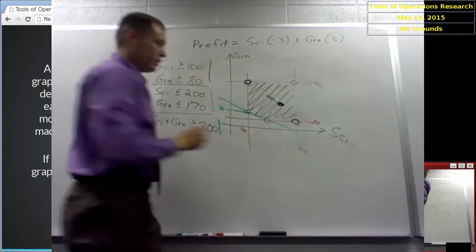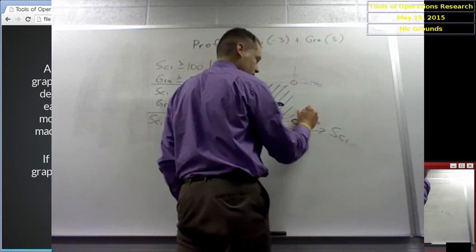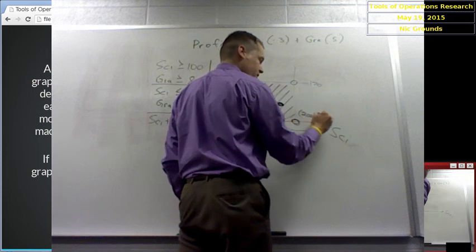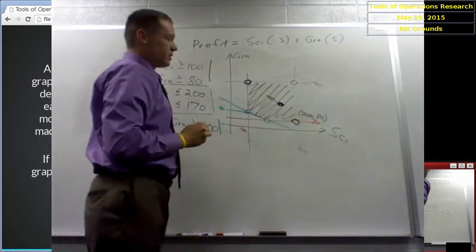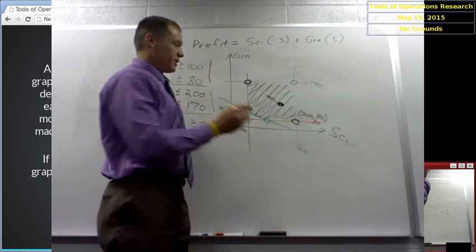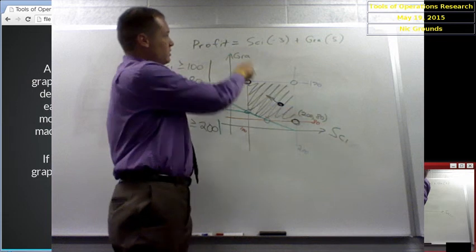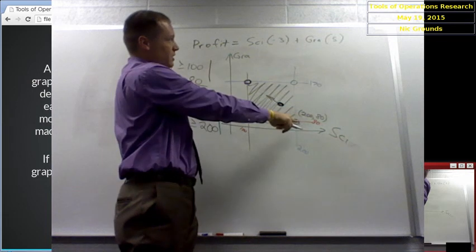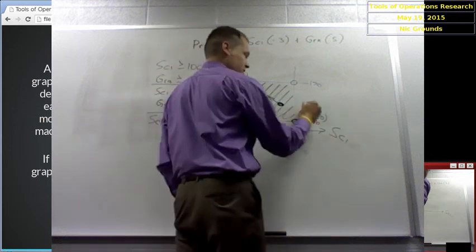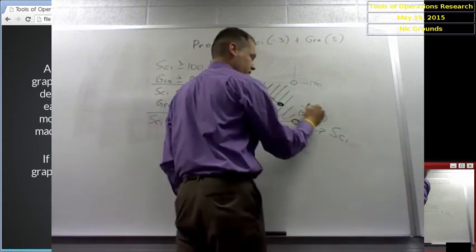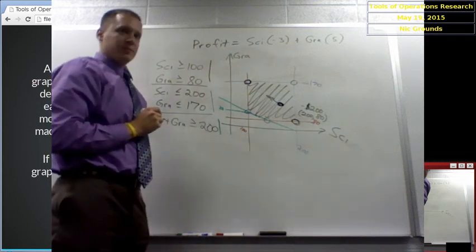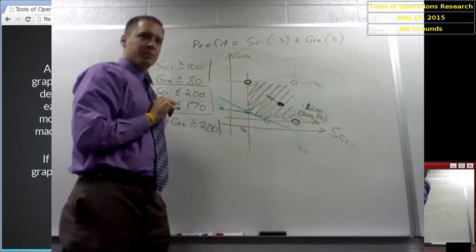So this point down here is 200 scientific calculators, 80 graphing calculators, for which we can compute profit. Somebody want to do that for me? Negative 600 plus 400. Negative $200. I think that's right. So definitely, probably not where we want to be.